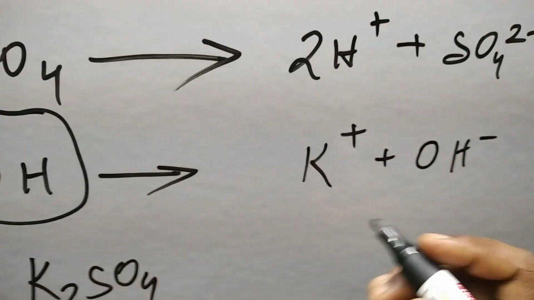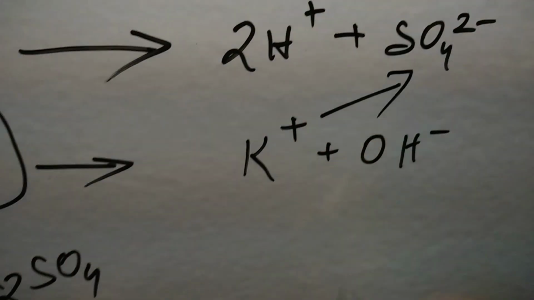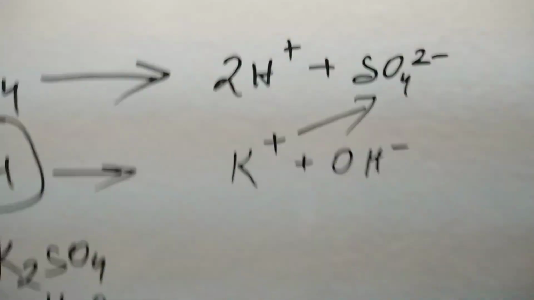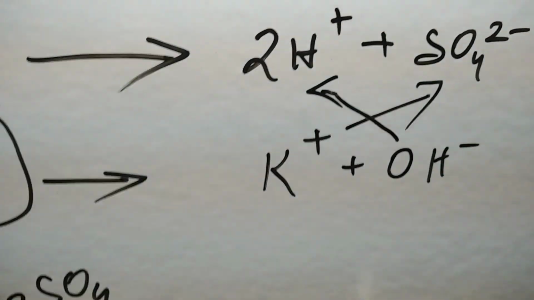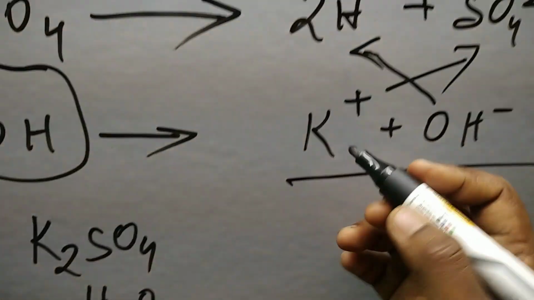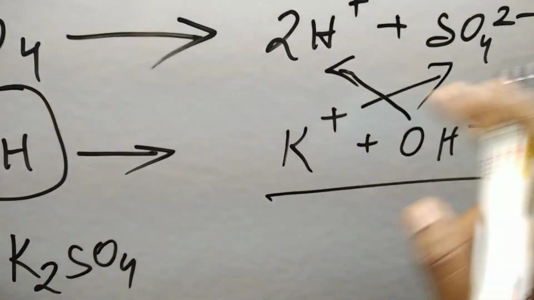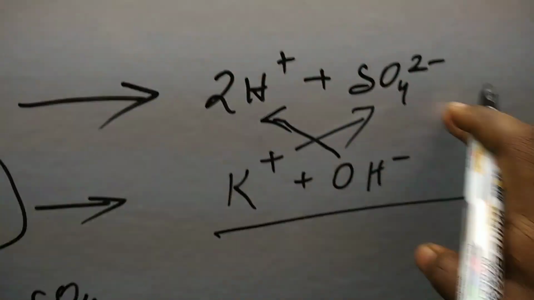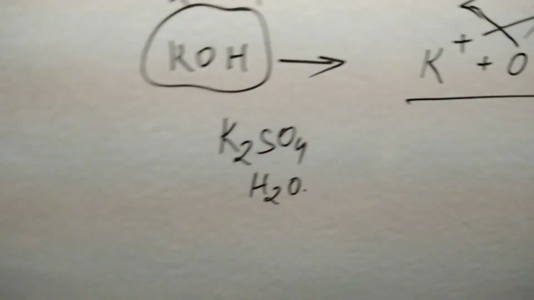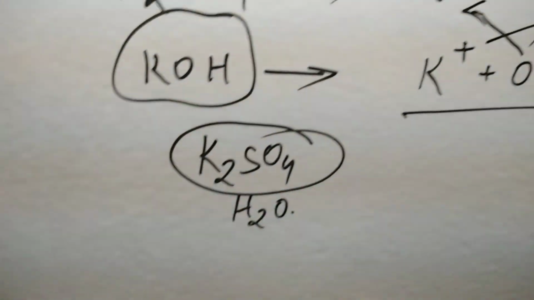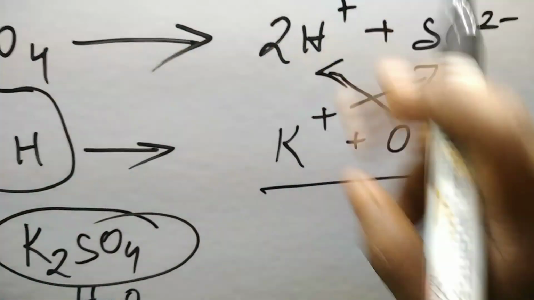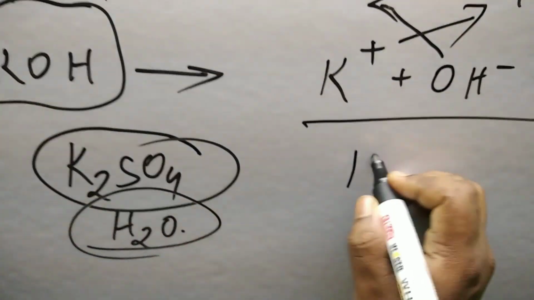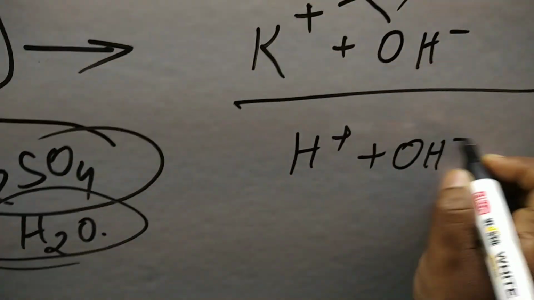See, potassium will take this sulfate ion and hydroxide will take this H plus, and when potassium ion is mixed with sulfate ion, it forms K2SO4, and when OH minus reacts with H plus, it forms H2O. Yes, H plus plus OH minus forms H2O.